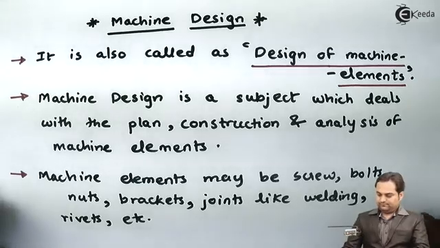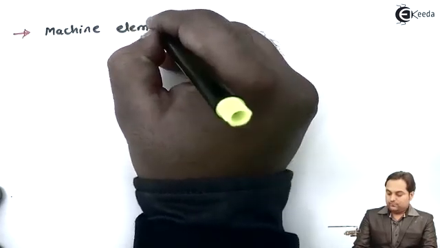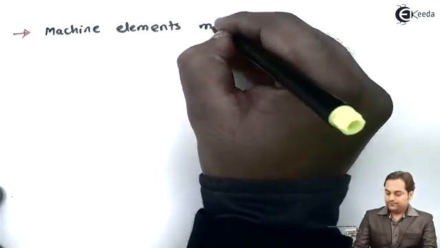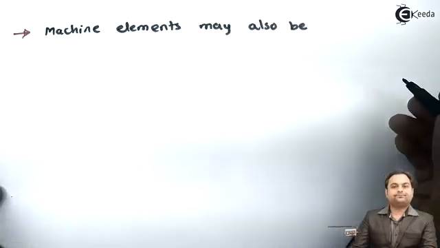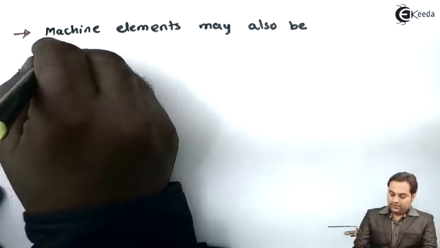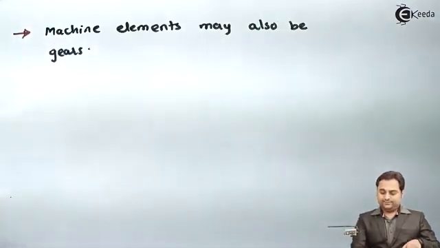Next, other kinds of machine elements may also be gears, which are used in automobiles.